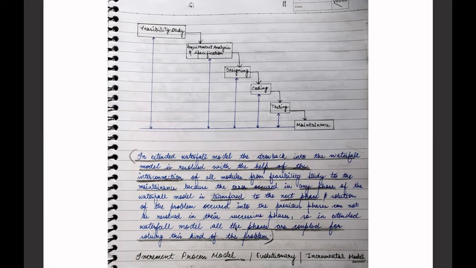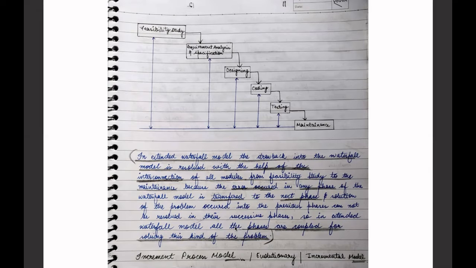In the iterative model, the iterative process starts with a simple implementation of a small set of the software requirements and iteratively enhances the evolving versions until the complete system is implemented and ready to be deployed. An iterative lifecycle model does not attempt to start with a full specification of requirements.